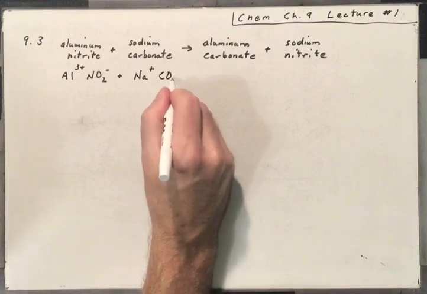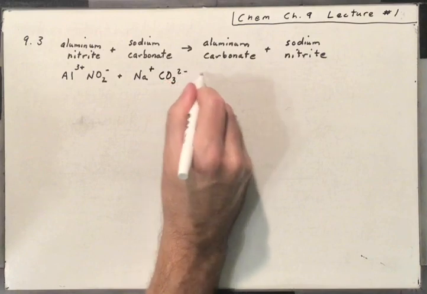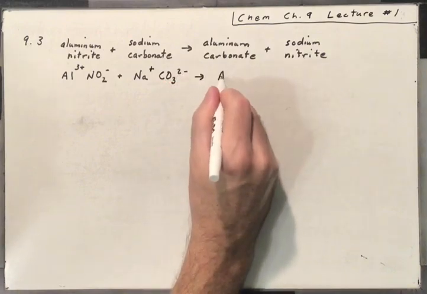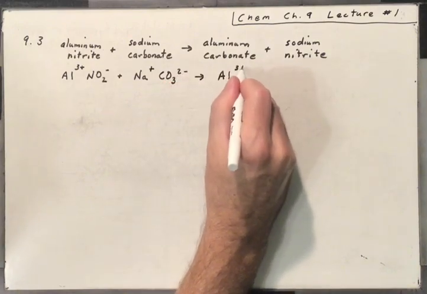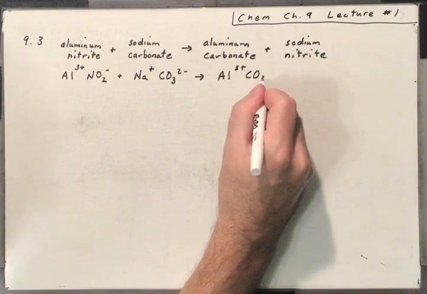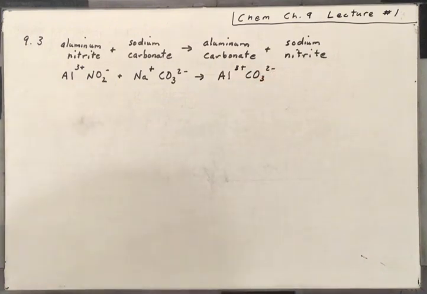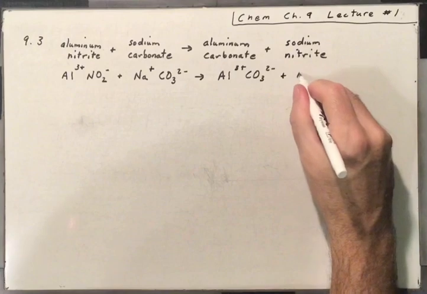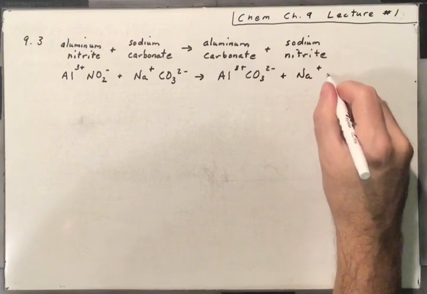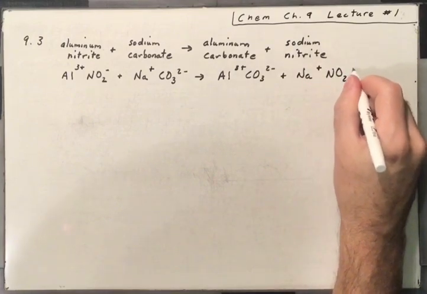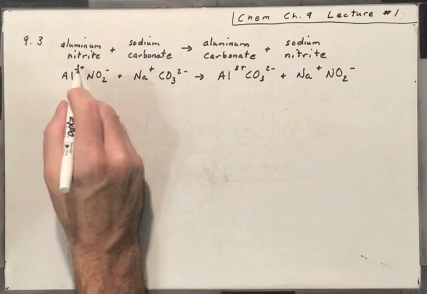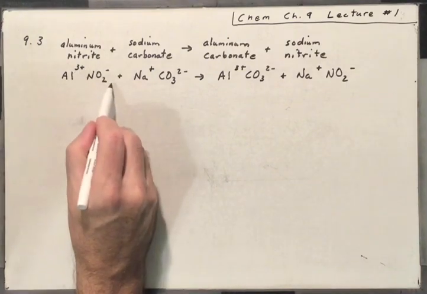Carbonate we've talked about a little bit, CO3 2-. Aluminum, again, 3+. Carbonate, CO3 2-. And then sodium would be, and then NO2-.